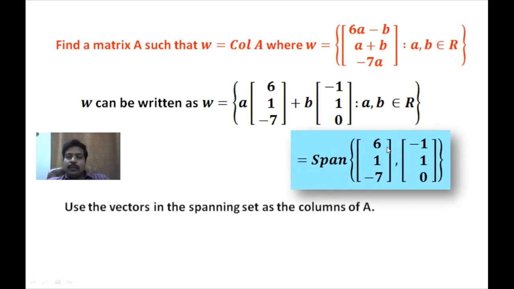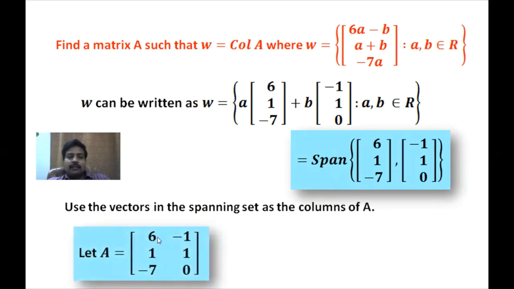If I take these two vectors as columns of some matrix A, then A will be like this: 6, 1, minus 7, minus 1, 1, 0. So these two are the columns. These are the elements of the spanning set. So with the spanning set of columns of A, we can get W. That is simply written as W is equal to column space A. So here this is the required matrix.